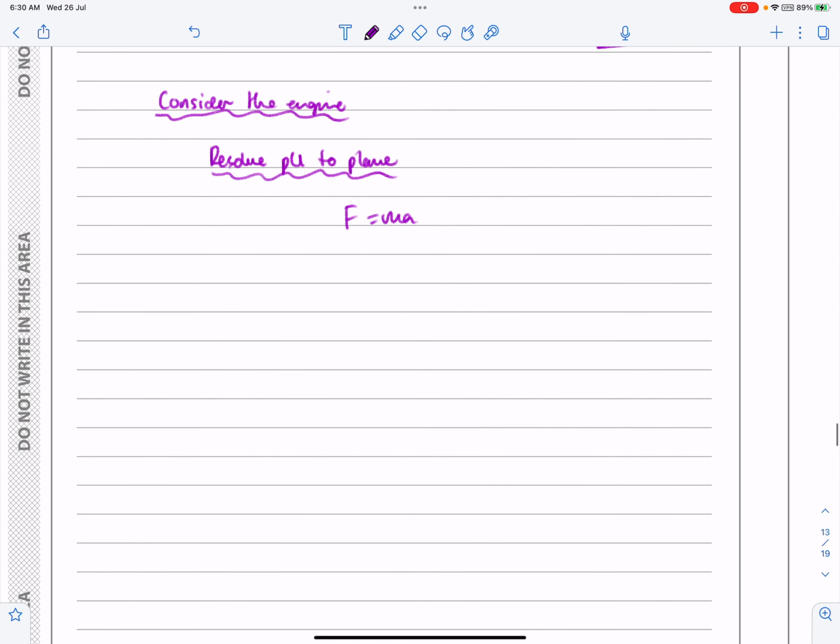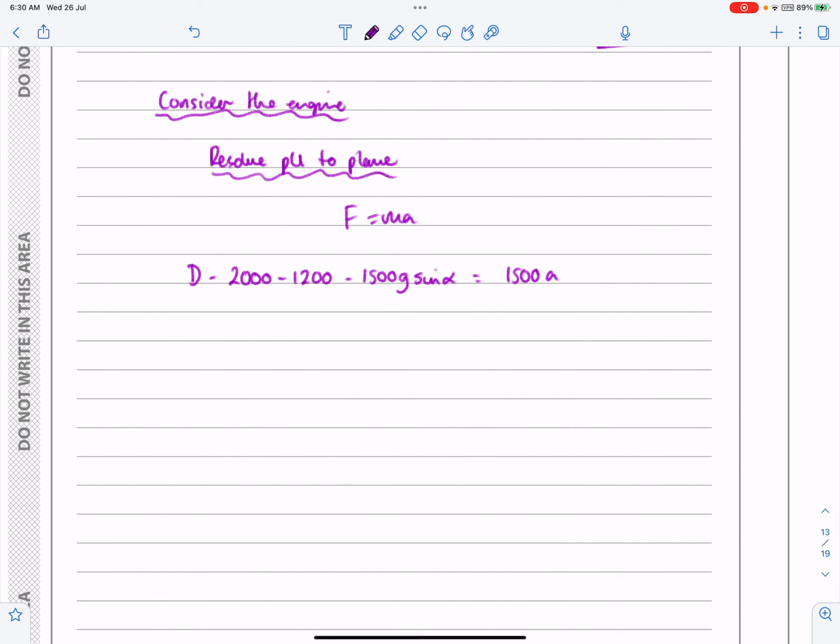So when I'm doing that, it's going to be D minus 2000 minus 1200, that's the thrust and the resistance forces, minus the 1500g sine alpha. All of that is going to be equal to mass times acceleration, and this time, because we're considering the engine, the mass is 1500.